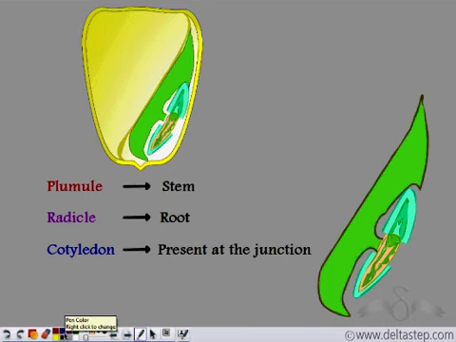So, this part is known as the plumule. And the root forming part of the embryo is known as the radicle. So this is the radicle.